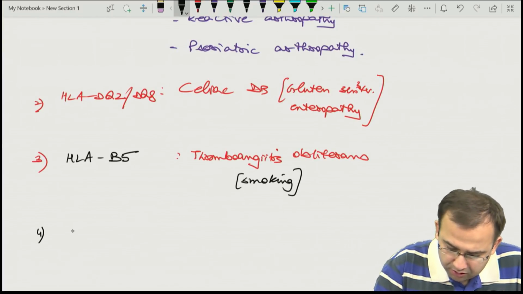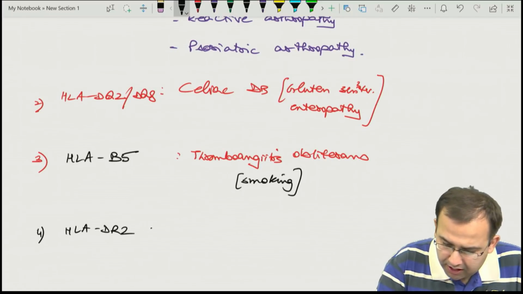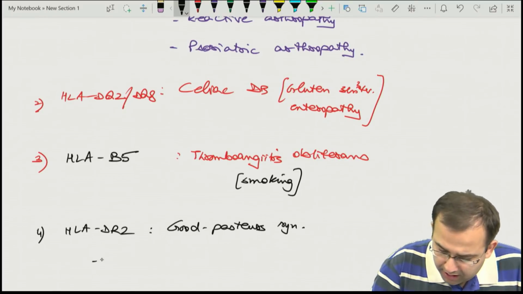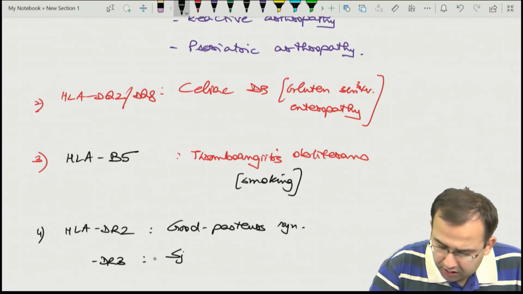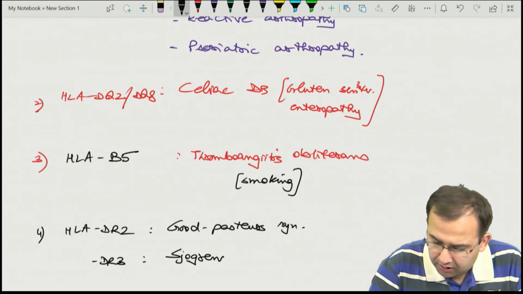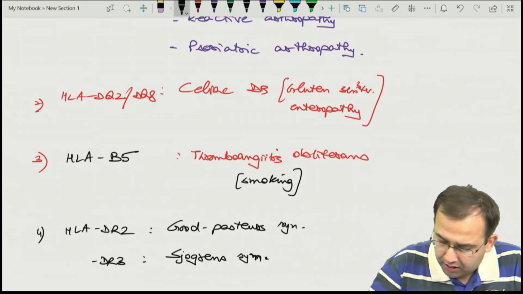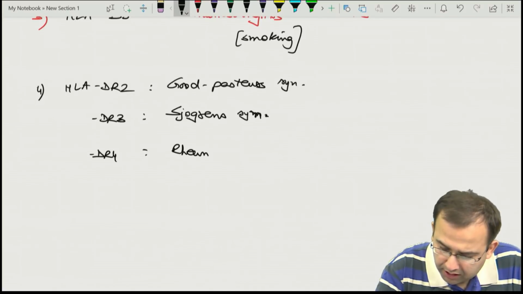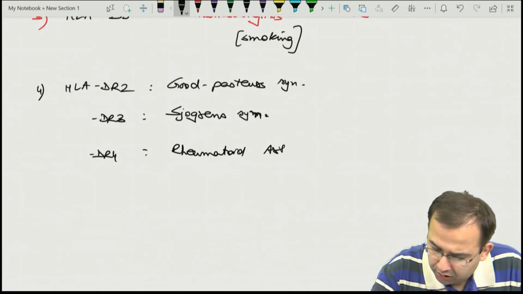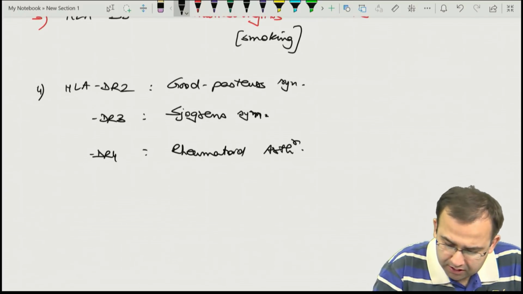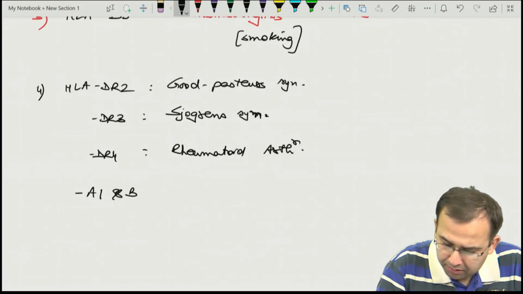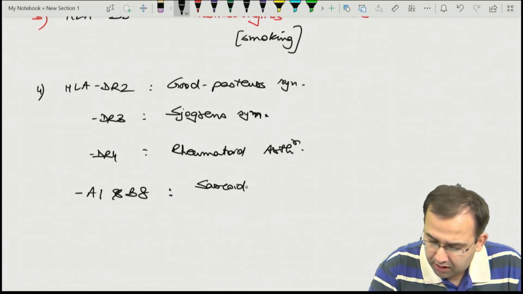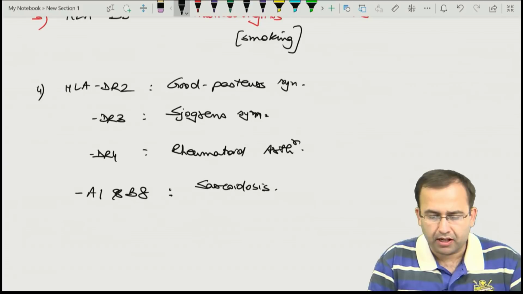Next, just to complete the list, others are HLA DR2, Goodpasture's syndrome; HLA DR3, Sjogren's syndrome, in Sjogren's the S is silent; HLA DR4, rheumatoid arthritis; and HLA A1 and B8, associated with sarcoidosis.